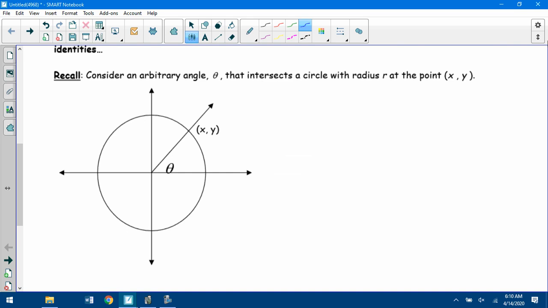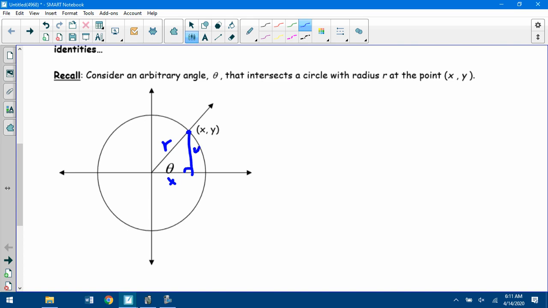So consider an arbitrary angle theta that intersects a circle with a radius r, so I'm going to call this r here, at the point x, y. So similar to what we just did, if that's x, y, I can draw a right triangle. What would this distance down here be? Think of that point. We went over x, up y. So this is x, this is y.